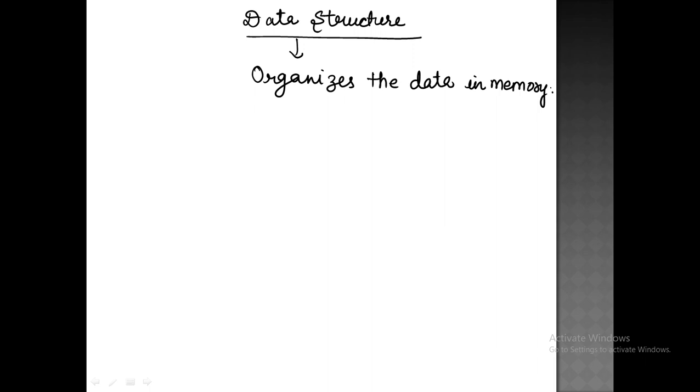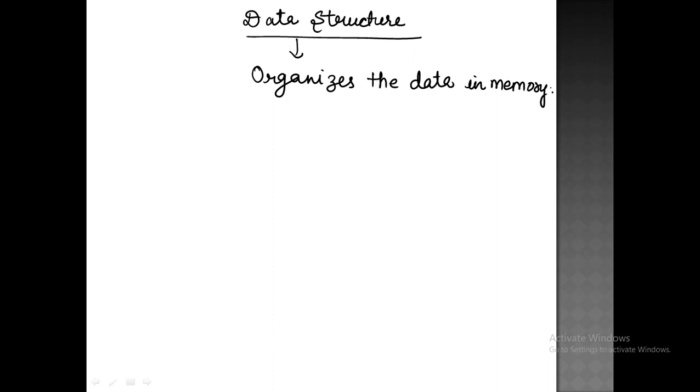There are different ways of organizing data in memory, and you can say in C language we use the array concept. Array is a collection of memory elements in which data is stored sequentially.